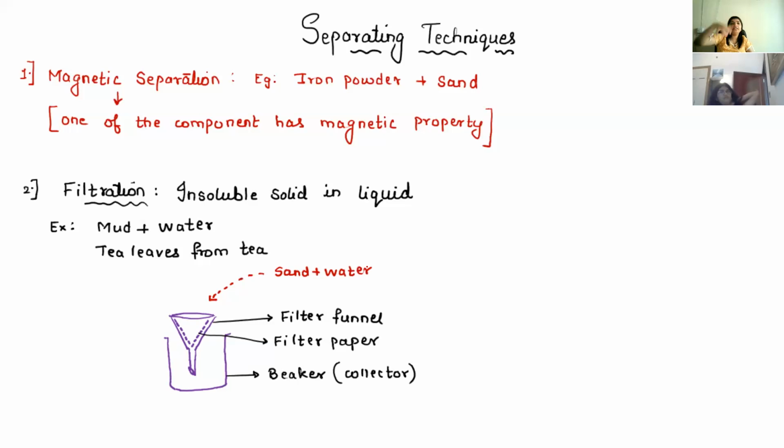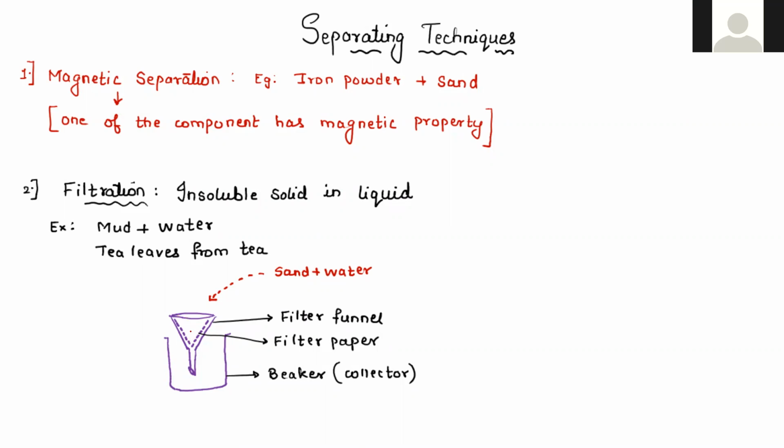What will be accumulated on the filter paper when you filter sand and water? Advita, can you tell me what will be accumulated on the filter paper? The sand. Yes, correct.